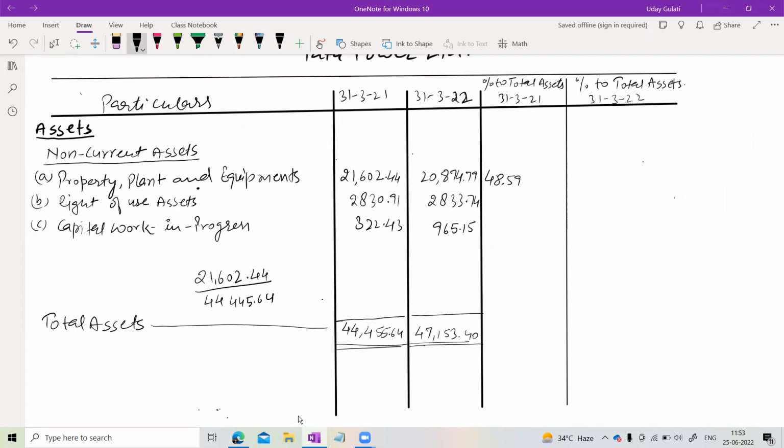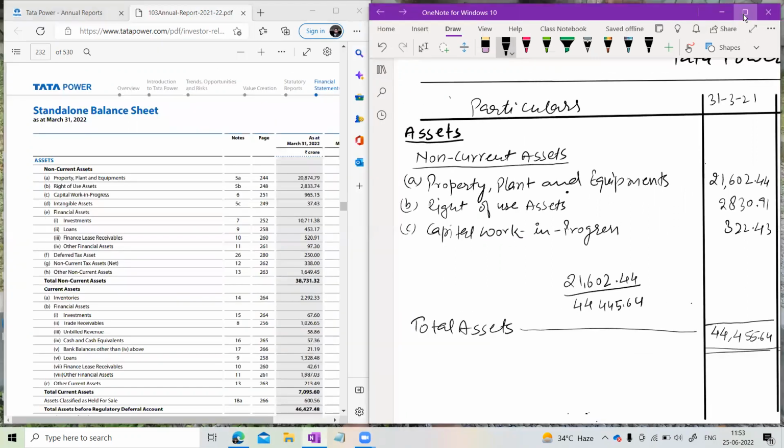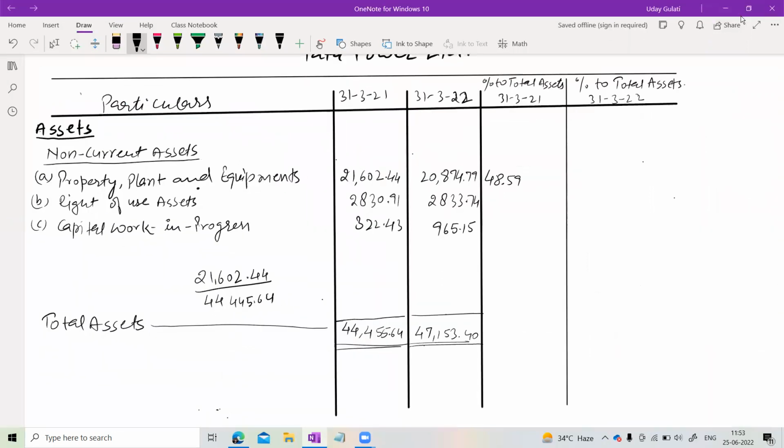For property, plant and equipments, first you have copied the figures from the downloaded balance sheet of Tata Power.